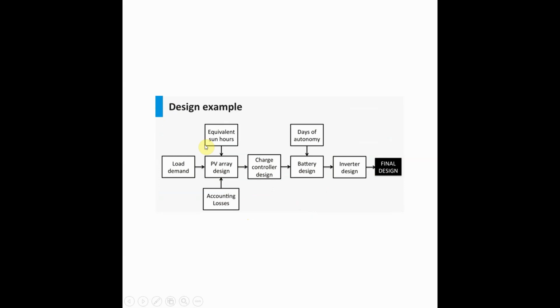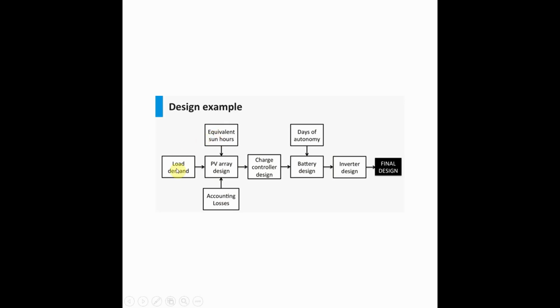Now, when we design a standalone system, we need this sequence. First the load demand, and the losses if there are any, and then the equivalent sun hours available for that specified location.